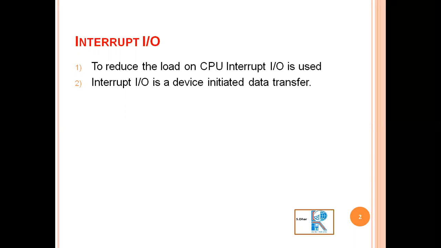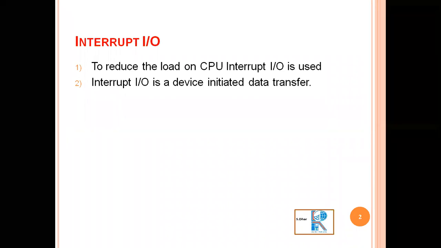The problem is that the CPU has to check after some time periods. Suppose after 10 seconds or 15 seconds or 20 seconds, the CPU has to check continuously whether I/O is available or not.